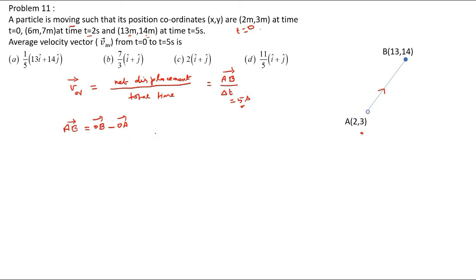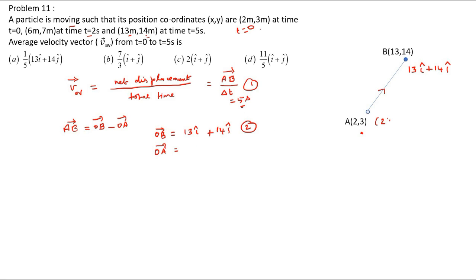Now, how to find this OB? It's given here, the coordinates are 13 comma 14. So OB we can write as 13i plus 14j. We call it 1, and we call the next one 2. Then what is OA?